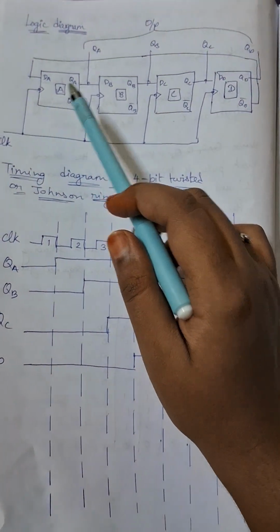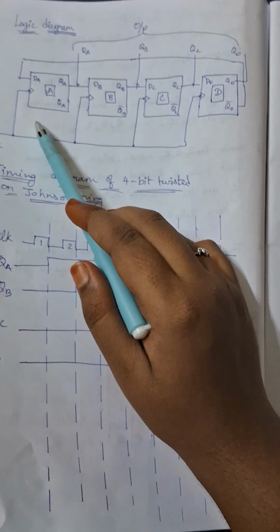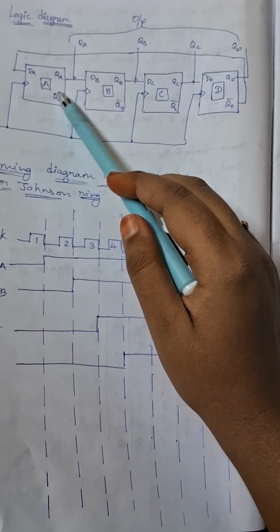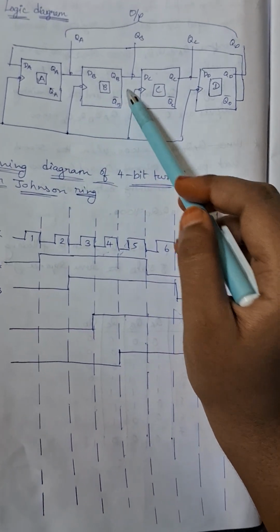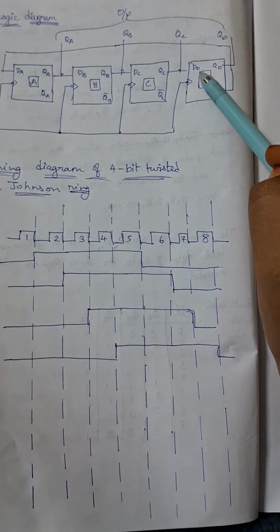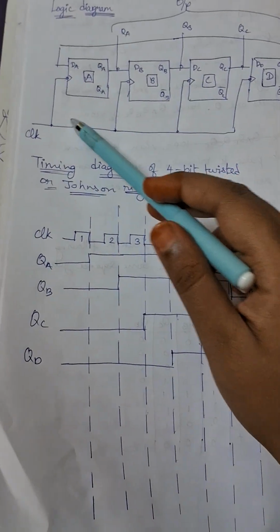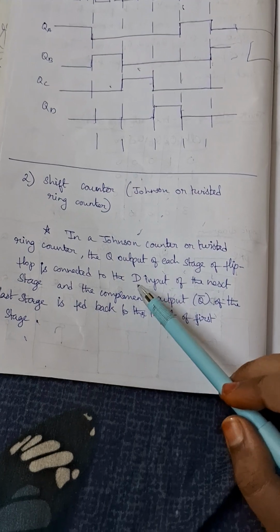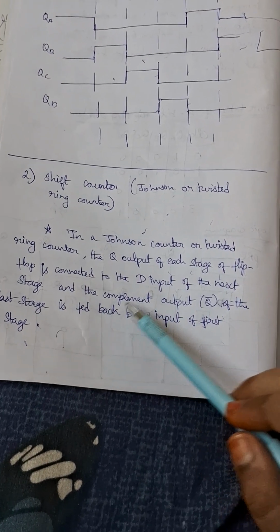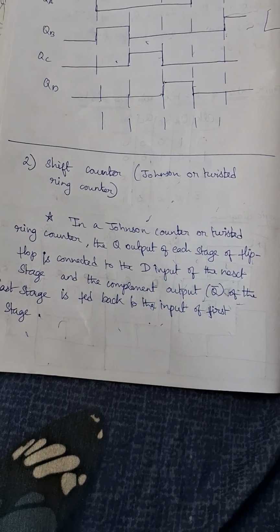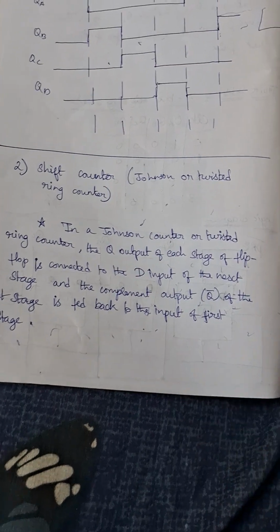The logic diagram is, we are taking 4 boxes A, B, C, D. It has DA input, QA output and a complementary Q bar A. DB, QB, Q bar B, DC, QC, Q bar C and DD, QD, Q bar D. Okay, all the clock pulses are connected, and as we have seen, the D input of the next stage is connected to the Q output of the previous stage, and the complementary output Q bar of the last stage is fed back to the input of the first stage.